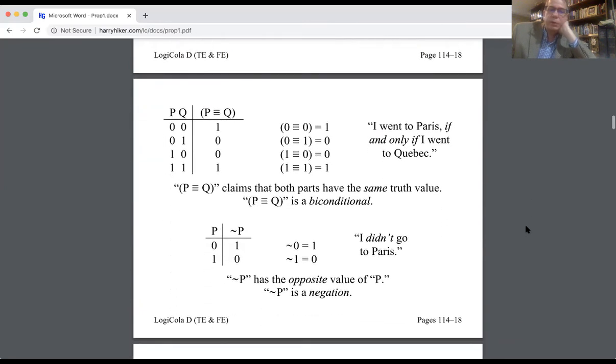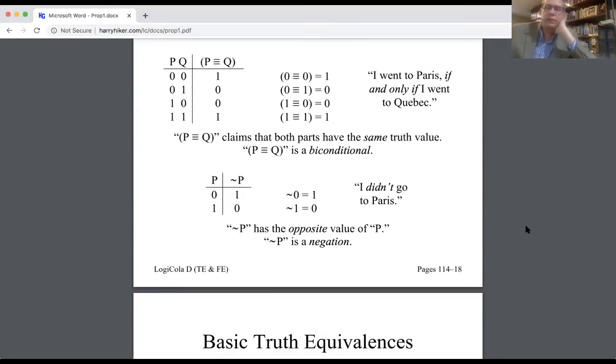The next symbol, I don't think we use much in the early exercises. The three-bar means that both parts have the same truth value. It's called the if and only if, or the biconditional. Sometimes it's symbolized by a two-sided arrow, meaning that the implication runs in both directions. It is not an if-then statement, but an if and only if statement.